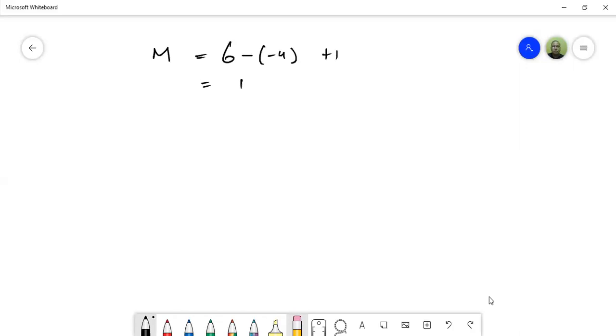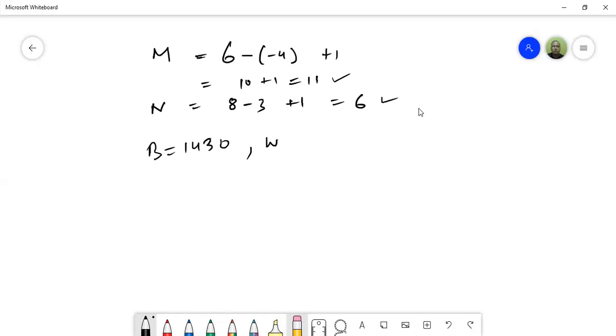So this gives me 10 plus 1, that is 11, and n is 8 minus 3 plus 1, that is 5 plus 1 is 6, right? So we got the value of m is 11, n is 6. The value of b is given as 1430. W is 4 bytes. I is 3 and j is 6.